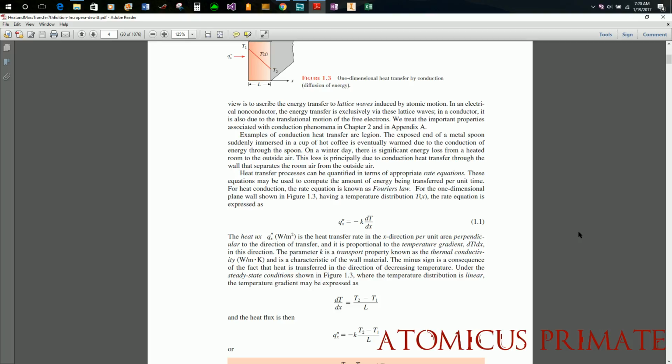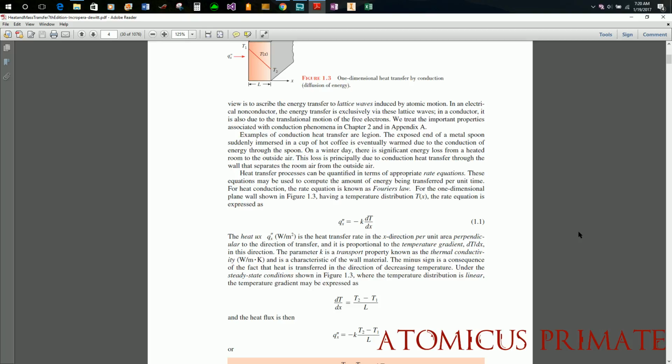Heat transfer processes can be quantified in terms of appropriate rate equations. These equations may be used to compute the amount of energy being transferred per unit time. For heat conduction, the rate equation is known as Fourier's law. For the one-dimensional plane wall shown in figure 1.3, we have a temperature distribution T of x.